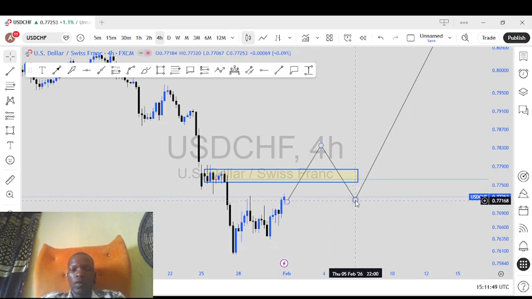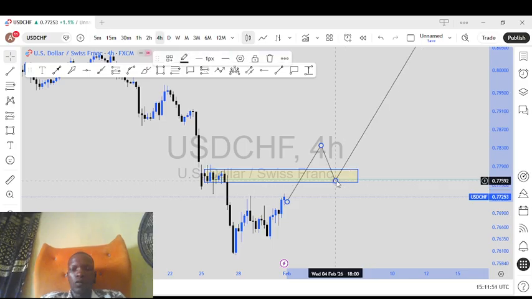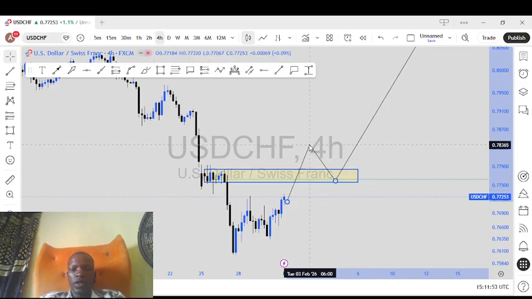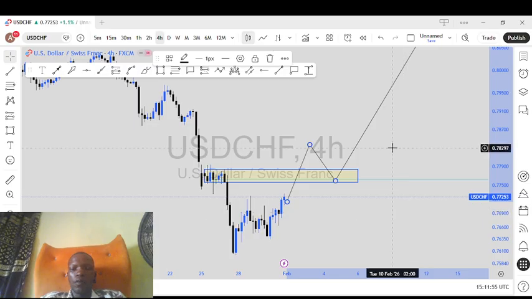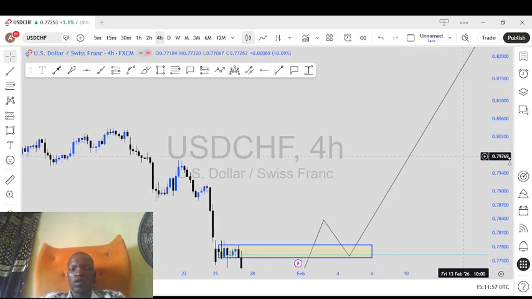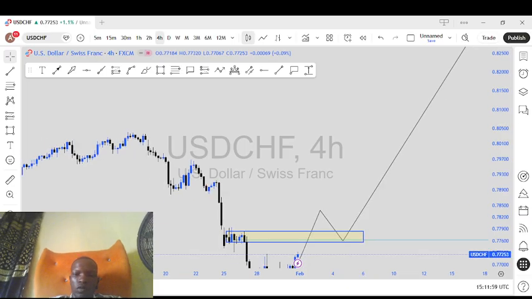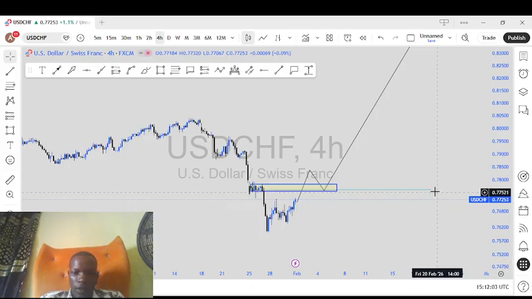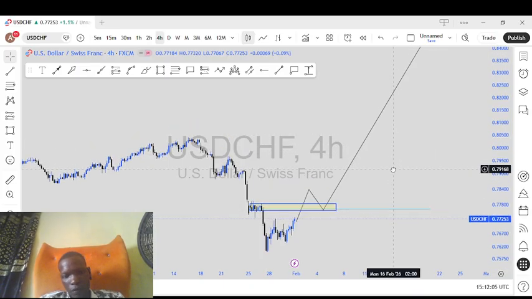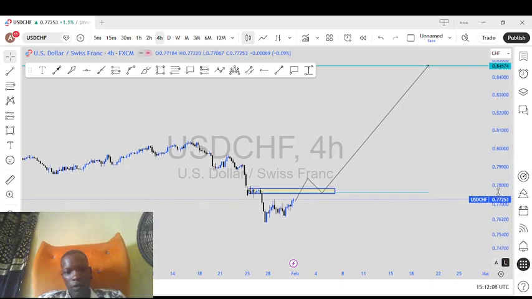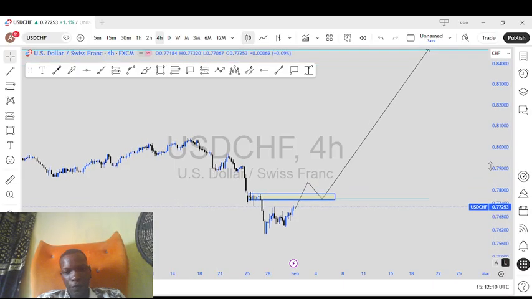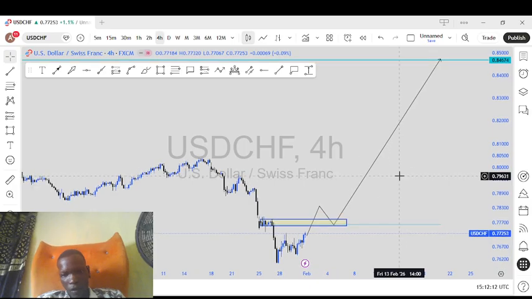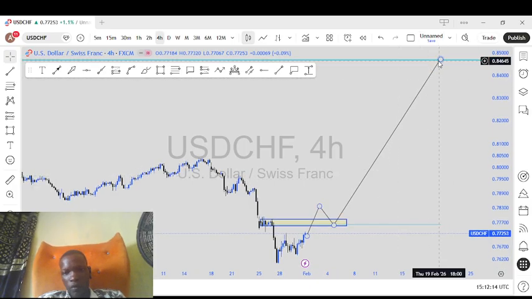Once the market closes above, we want to see retracement to there, a break and retest, before the market gives us confirmation that it is going to buy. Let's see how this market will go, and this is what we have for this month of February.